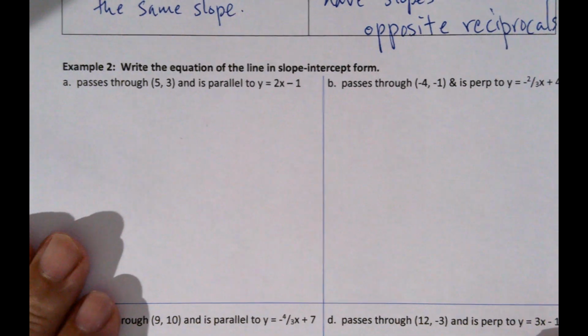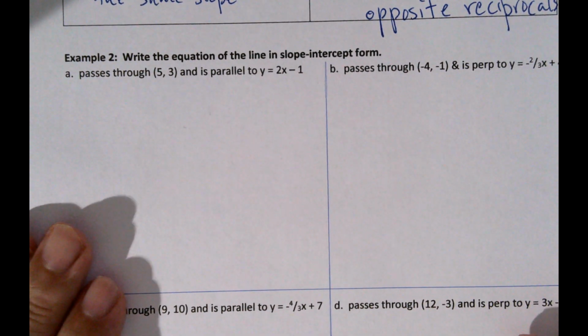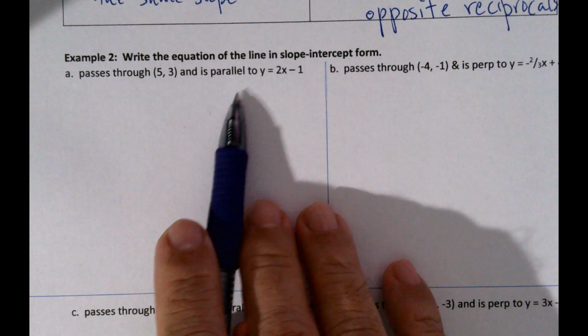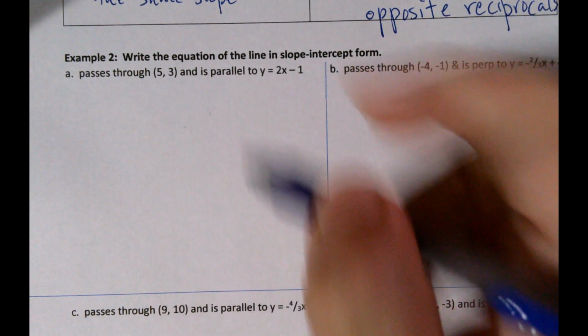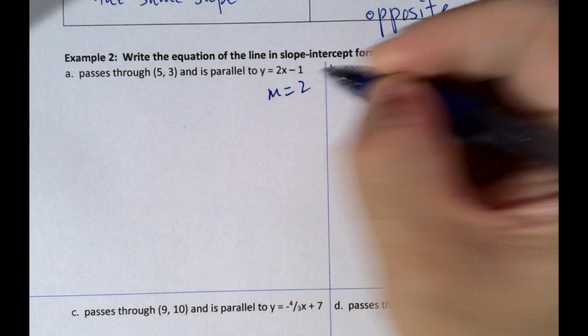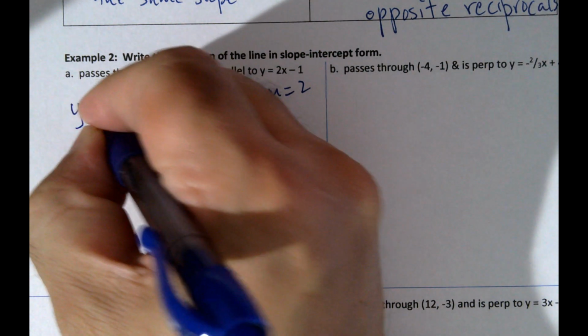All right, let's go here. So here, we look at the parallel line. It would be parallel to this line, and this line has a slope of 2. So we're going to use that point slope form of a line.